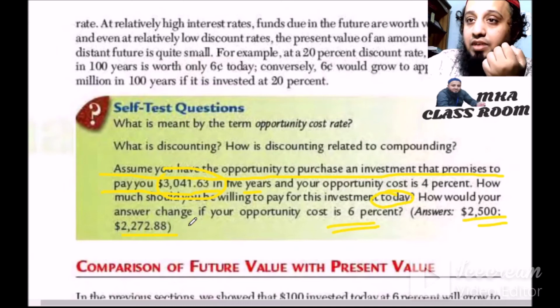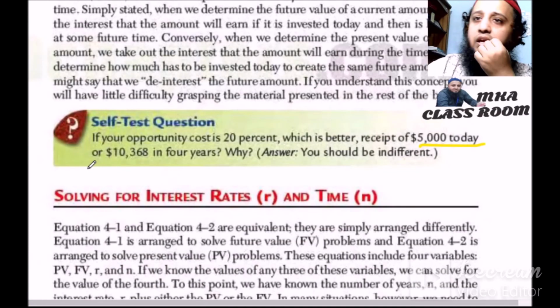Here I said, if your opportunity cost is 20%, which is better: receipt of 5,000 today or 10,368 in 4 years? So here is a good example.